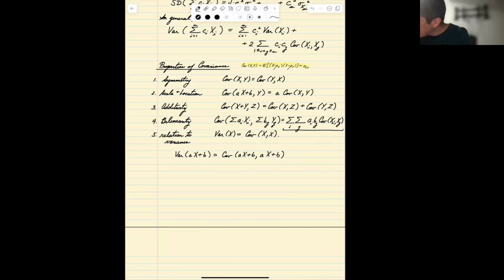We get the a here, a is here and a is here, so they come out as a pair, a times a, times the covariance of x with x, which is, of course, a squared times the variance of x. Okay. So those are some properties of covariance. We'll revisit these later on as they become more and more relevant throughout the course.